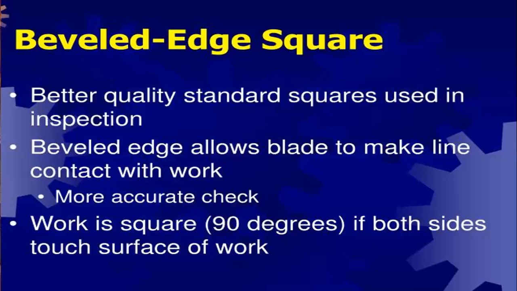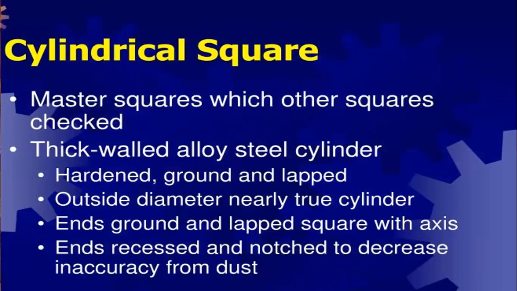Next one is the cylindrical square. These cylindrical squares are the master squares with which other squares are checked, and it has a thick walled alloy steel cylinder. So why are they using this thick walled alloy steel cylinder?